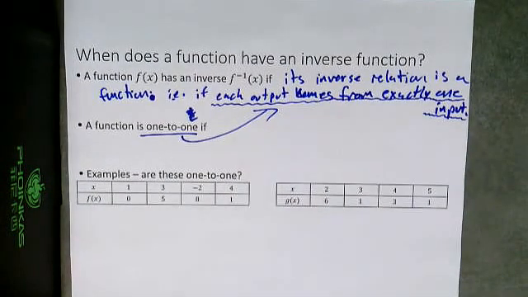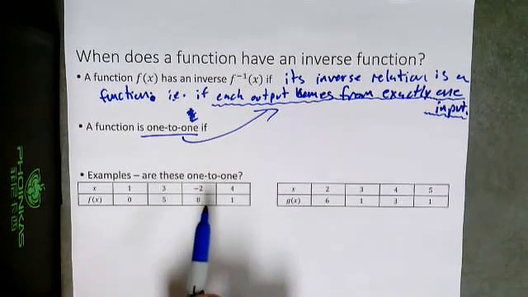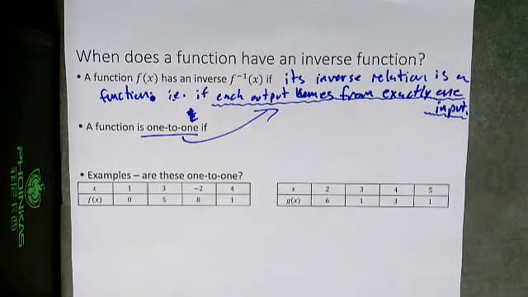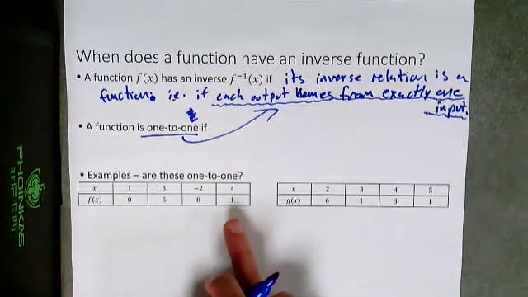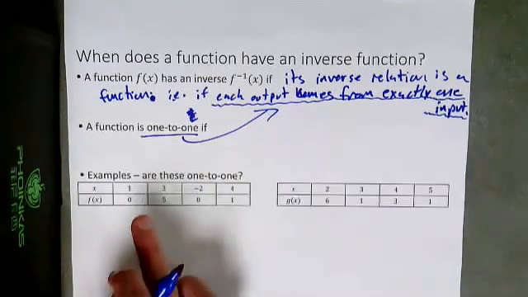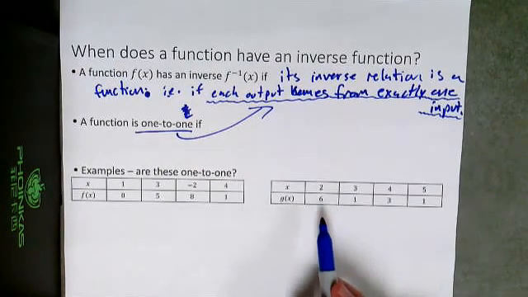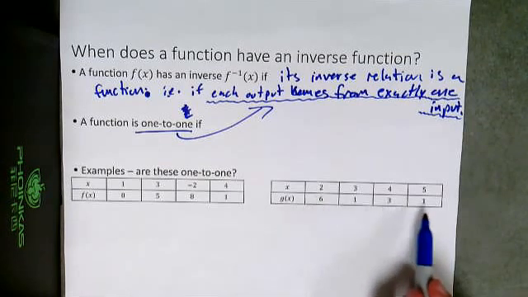All right, so let's look at some examples in these tables. Are these one-to-one? Let's look at this first table. X is 1, 3, negative 2, 4. F of x is 0, 5, 8, 1. Well, this is perfectly reasonable. Each of these outputs comes from exactly one input. Now, if we look at the other one, g of x, let's look at the outputs. We got 6, 1, 3, 1.